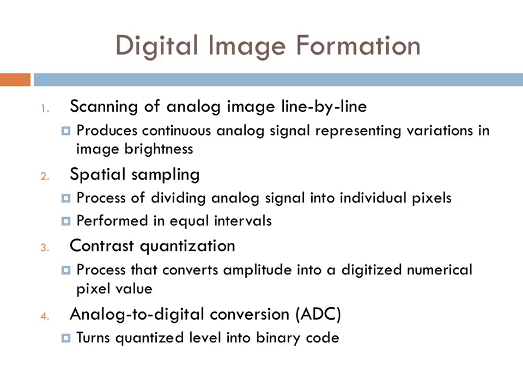This is the process of dividing the analog signal into individual pixels. It is performed in equal intervals. Then contrast quantization occurs, which is a process that converts amplitude into a digitized numerical pixel value. And finally, the analog to digital conversion must occur. This turns the quantized level into binary code.